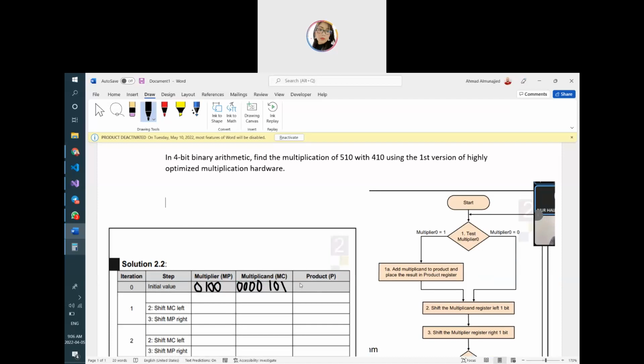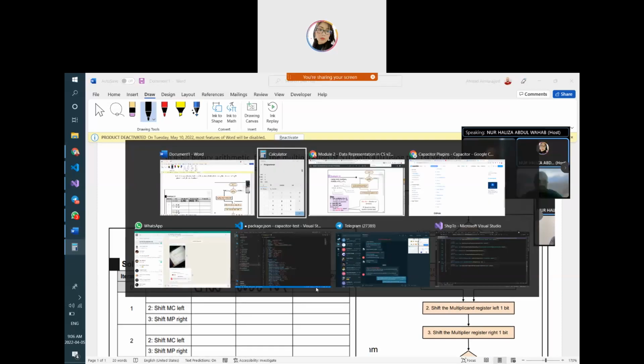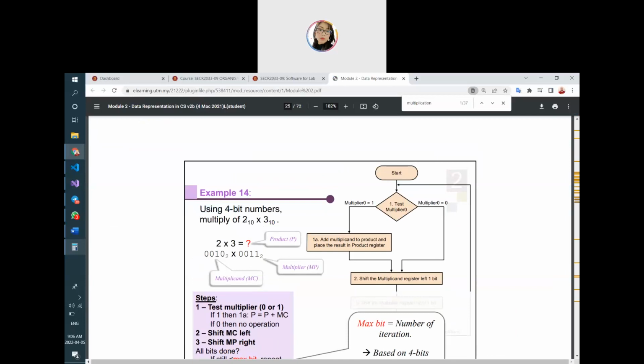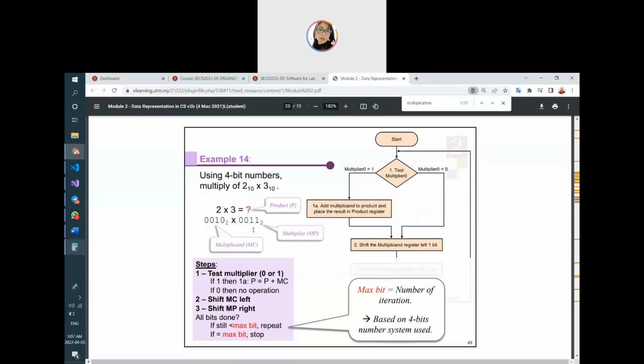The question will mention 4 bits, 5 bits, 6 bits. If you look at your notes, example 2.2 is 4 bit. Example 2.3 is 6 bit. So if 6 bit, your MC and your P will be double. Okay? That is the only difference.